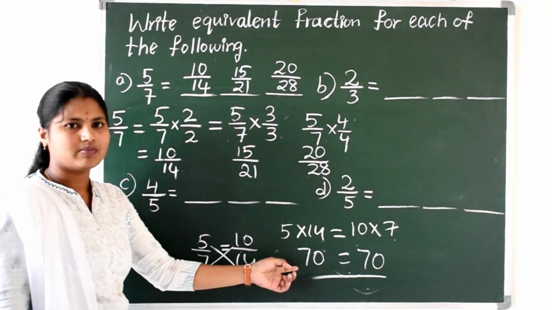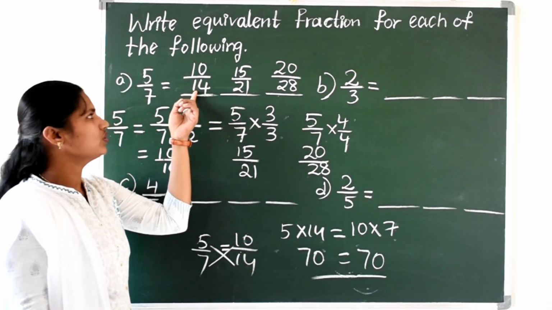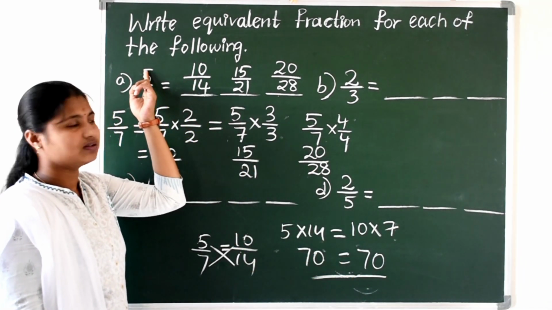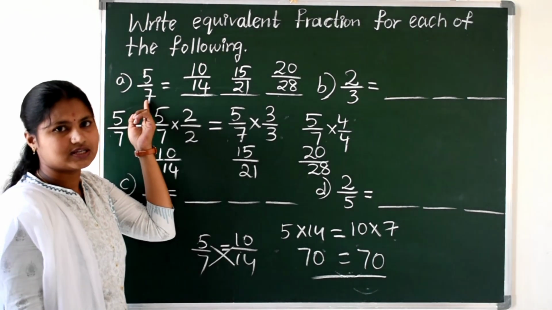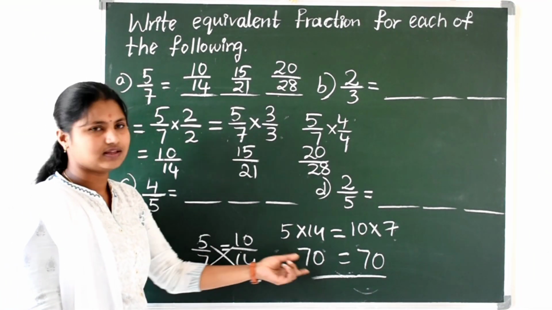We got the same answer, 70 and 70. So 10 by 14 is an equivalent fraction of the given fraction 5 by 7. You can check the other two like this.